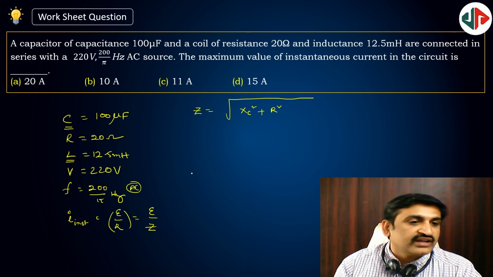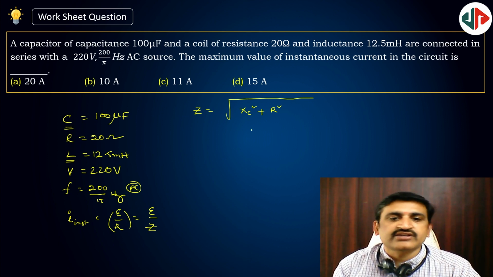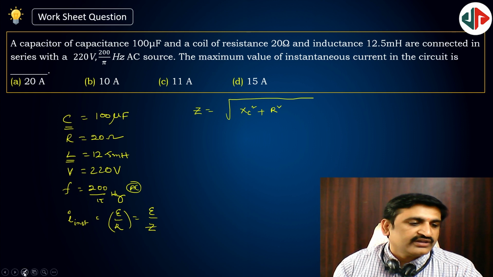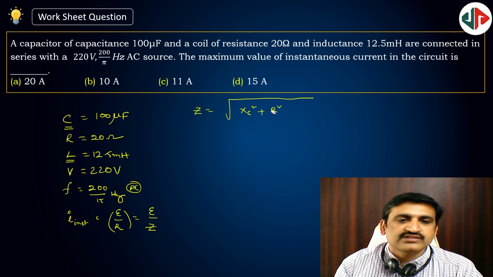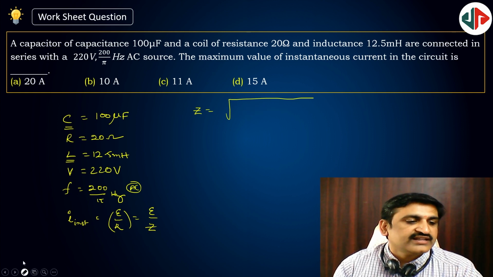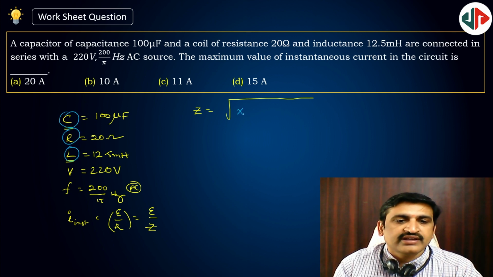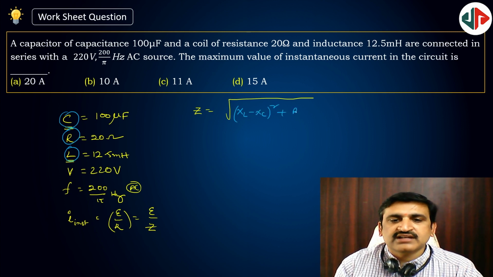So three elements are there. It's an LCR series circuit. So C is there, R is there, L is there. So Z is the square root of (XL minus XC) whole square plus R square. That much we need to do.